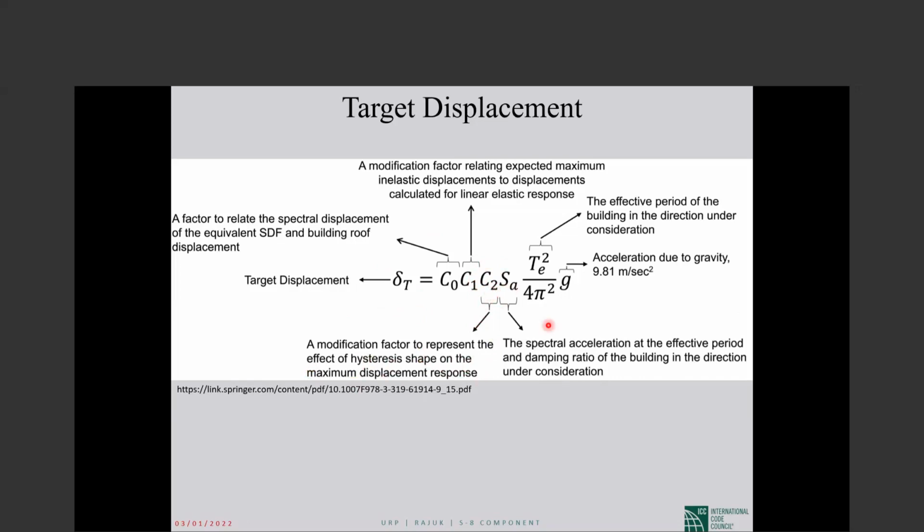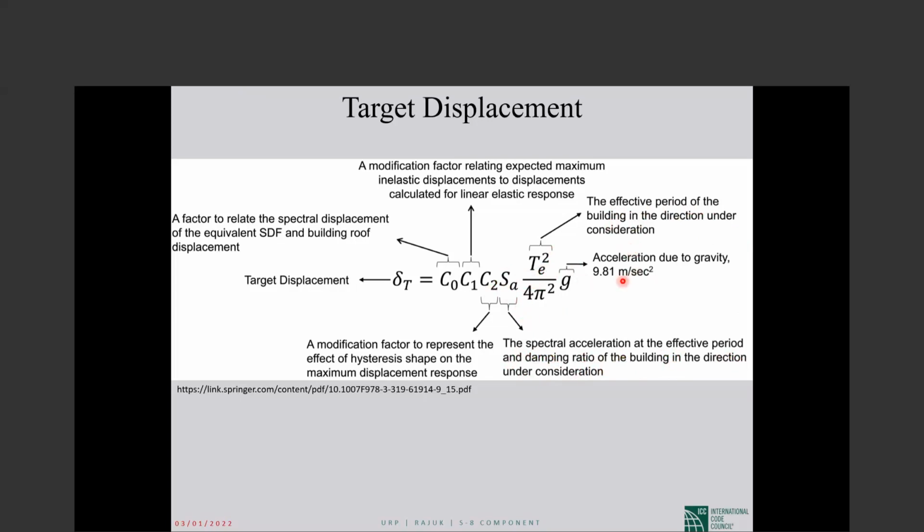Sa is the input for the level of earthquake that we should check. This is the spectral acceleration at the effective period and damping ratio of the building in the direction under consideration. Then we need to change the acceleration to displacement by dividing by omega squared. And Te is the effective period of the building in the direction under consideration.